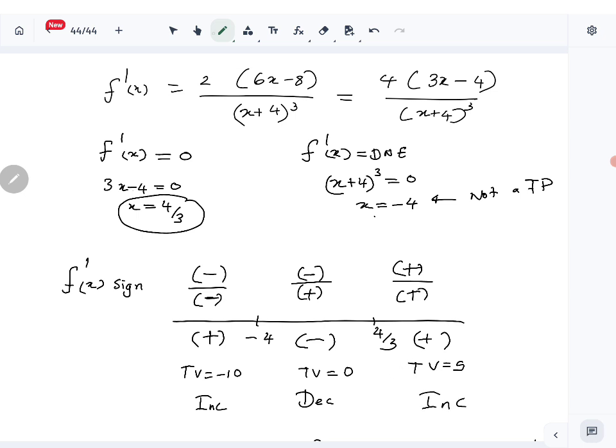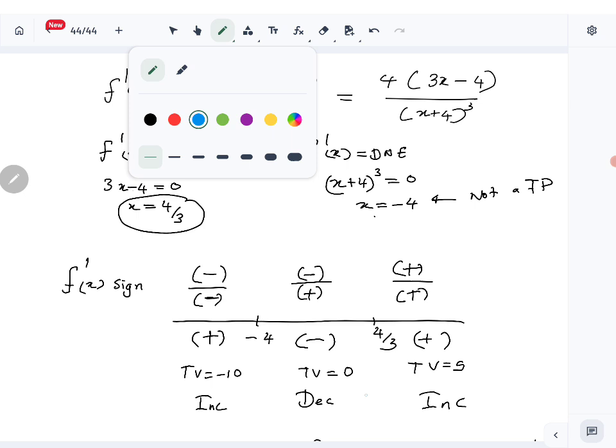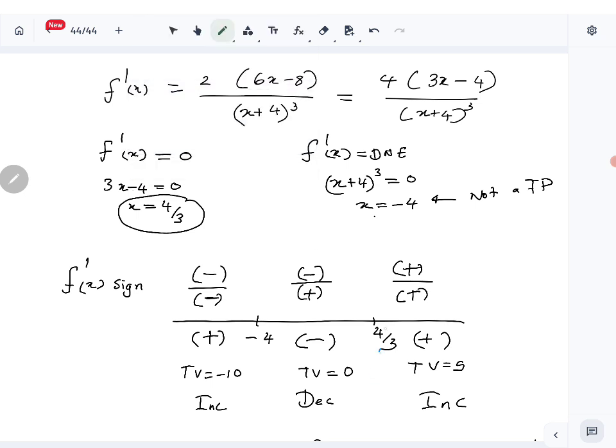So then let's decide the nature of the stationary point, the turning point. Our turning point is this one, so decreasing then increasing, so local minimum at x equals 4 over 3.